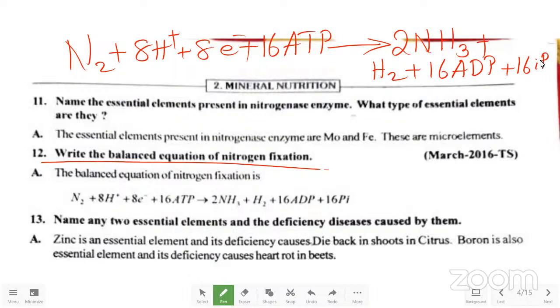This is the balanced equation for nitrogen fixation: one molecule of nitrogen, N2, plus 8H plus 8e plus 16 ATPs gives 2 NH3 plus H2 plus 16 ADPs plus 16 Pi, inorganic phosphate.